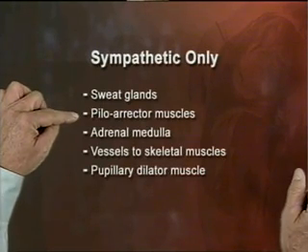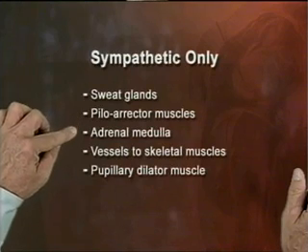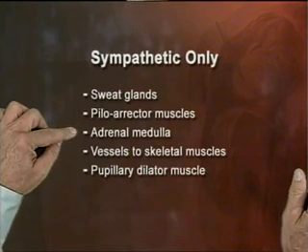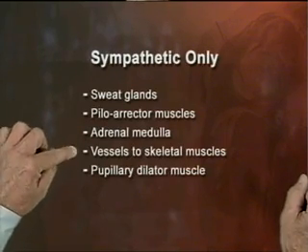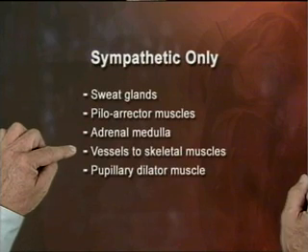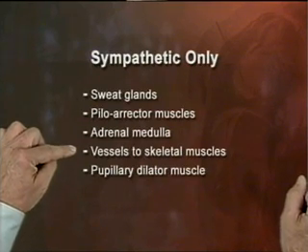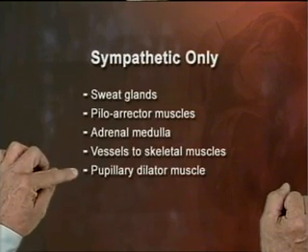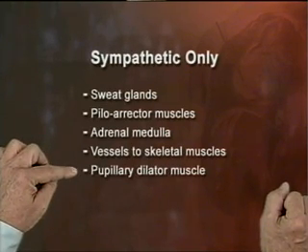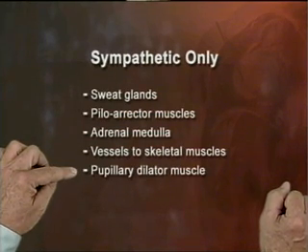They are sympathetic only. The adrenal medulla receives preganglionic sympathetic fibers, but nothing from the parasympathetic division. Vessels to most skeletal muscles are sympathetic only as far as the smooth muscle tissue in their walls, and the pupillary dilator muscle, which we've already mentioned in regard to pupillary dilation, of course, is sympathetic only.